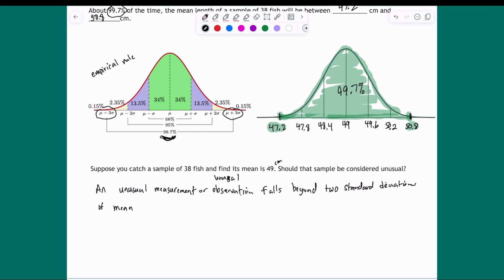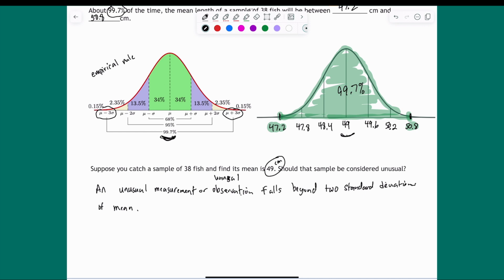We're looking at the x bar distribution, so we're using the information from the previous part. We have a measurement of 49 centimeters, which would be actually at the mean.